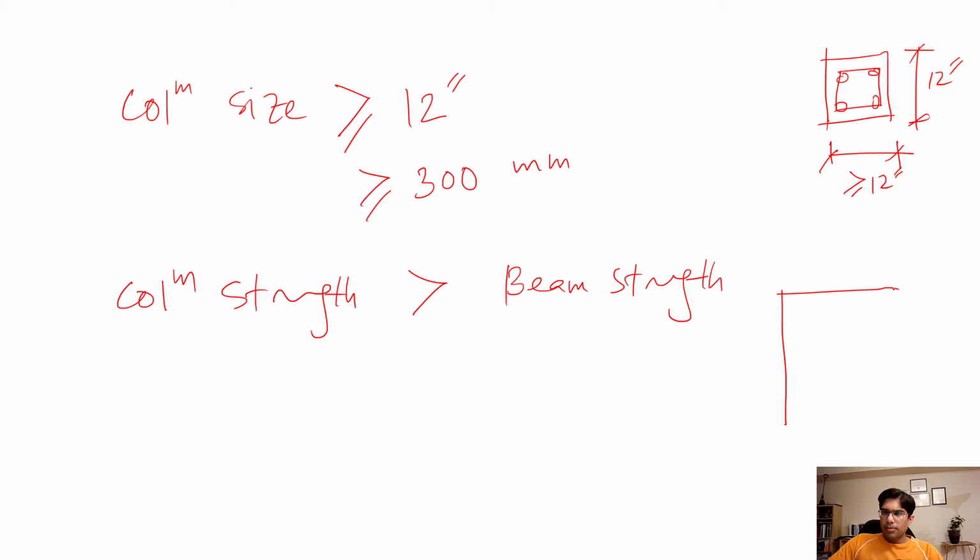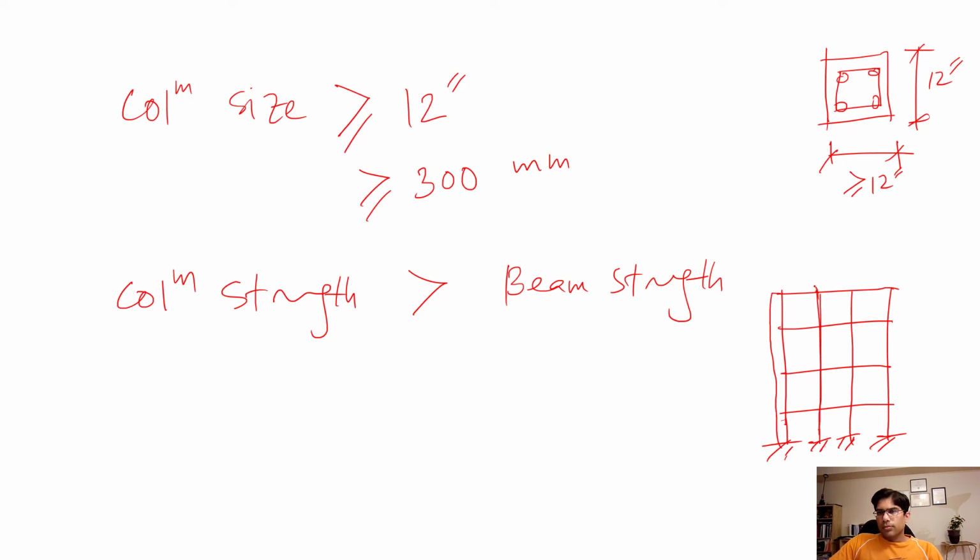If we draw a building, so there are four columns total, for example, and then there are beams. You should always ensure that these columns are stronger than the beams.